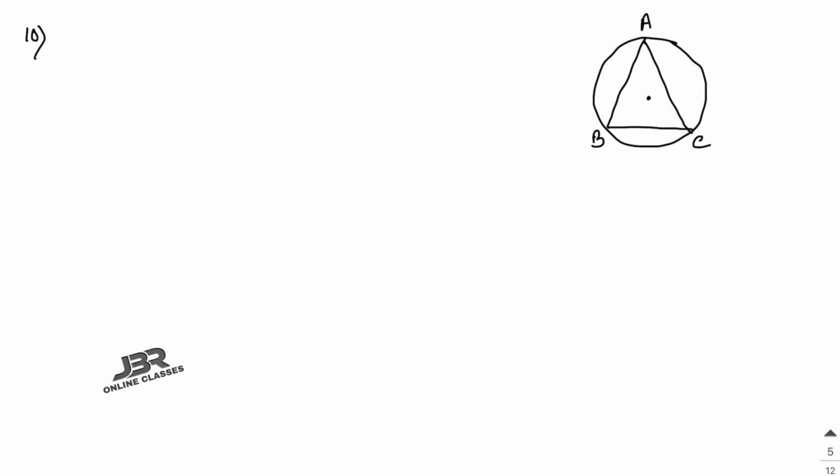Now if AB and AC are equal, AB equal to AC, that equals 12 root 5 centimeter, and BC equals 24 centimeter. Find the radius of the circle.